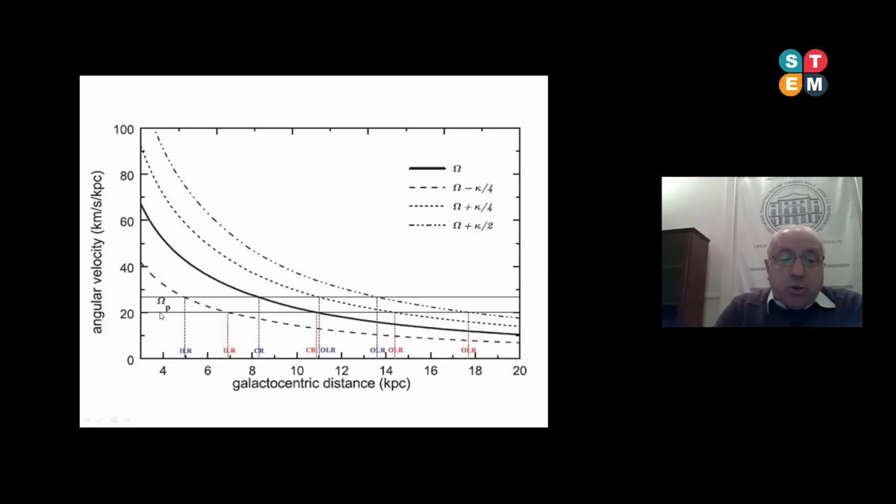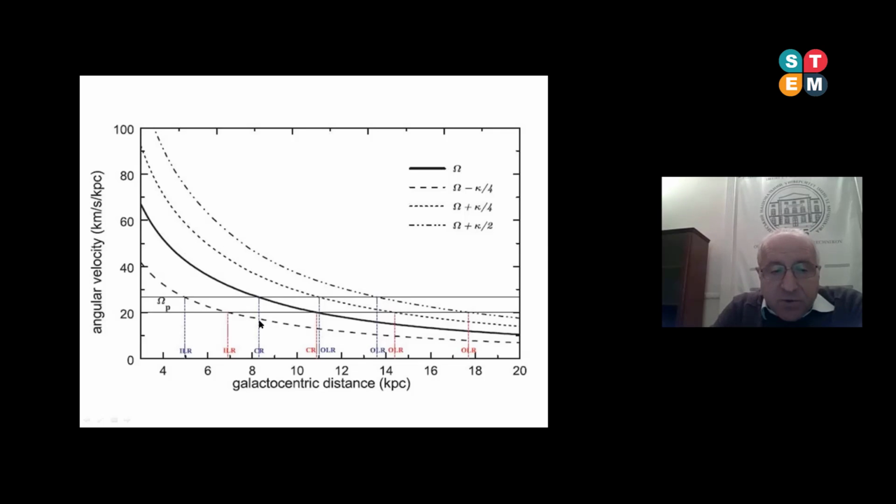Now in the literature, two values are discussed. First, 20 kilometers per second per kiloparsec. Here, you see, this is a rigidly rotating spiral pattern. Its angular velocity doesn't depend upon the galactocentric distance. And the second value, 28. In our model, we consider two values, but then I will show you results for 20 kilometers per second per kiloparsec.